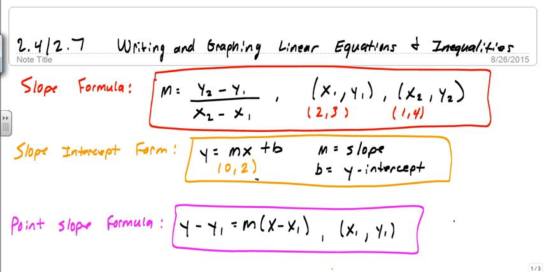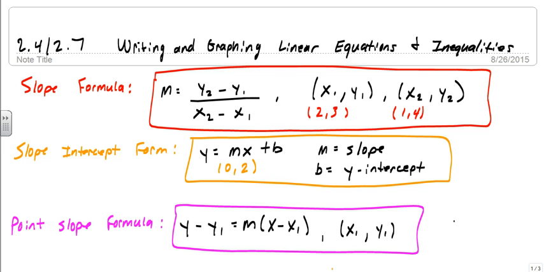That would tell me that the y-intercept is 2, because when it crosses the y-axis, your x value is 0. So your y-intercept will always be represented by 0 comma some number, and that number is your y-intercept. It could straight up say your y-intercept is this, or it could give you the point 0, 2, and you have to know that the point 0, 2 is a y-intercept. So when you're given that, you just go to that point and you count off the slope.